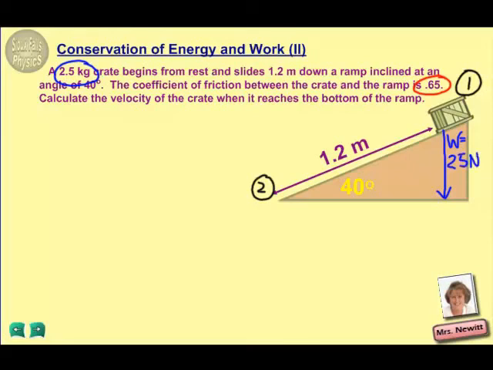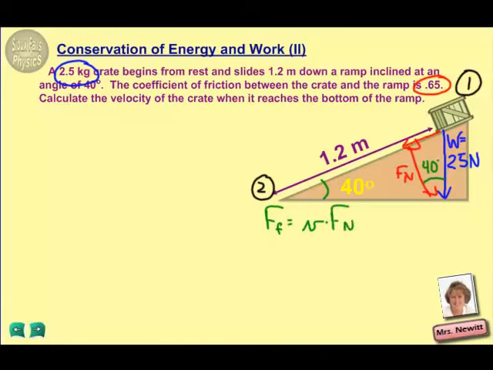That weight is divided into two components. One is the component that pulls it down the ramp, and one is the component that is the normal force. Now again, our right angle is up here, and this 40-degree angle, that's the angle of the ramp, is also the angle at the bottom of this triangle. So if we want to find friction, the force of friction is coefficient times the normal force.